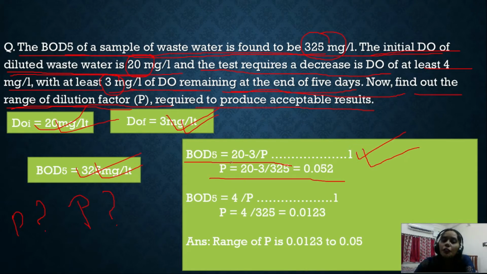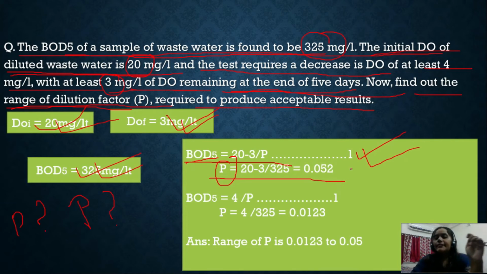From the initial value we know, the final value we know, and the BOD value we know, so we can calculate the value of the dilution factor. So 20 minus 3 divided by 325 equals 0.052.